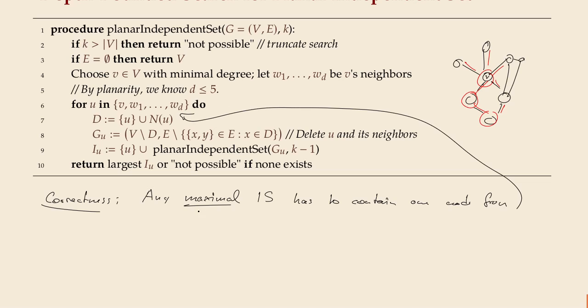And here we need a slightly stronger argument. For the vertex cover, it was sufficient to say every edge has to be covered, so already feasibility guaranteed us that the branching is correct. Here we need also maximality. So if the solution wasn't required to be optimal, maybe that wouldn't work, but any optimal independent set has to contain one of these nodes. So we'll never miss a maximal solution. Okay, that's fine for a maximization problem.